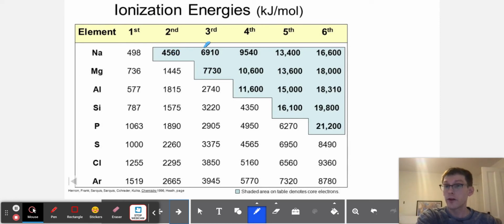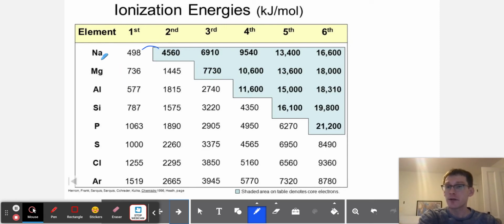To remove another electron from a core shell is only about 50% more difficult relative to the second. And then another core electron, still, it's only around 50% more difficult than the previous. So it's really this 9 times jump where you notice a massive difference.